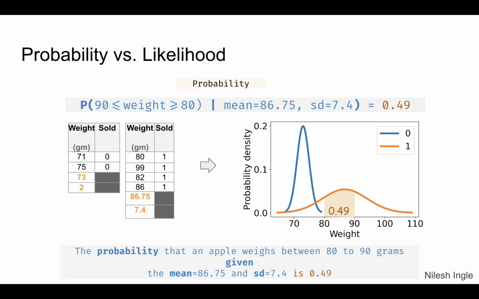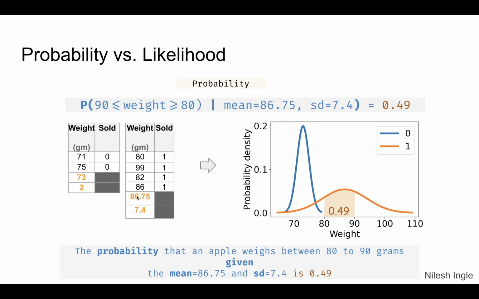Before we get into that, one point we need to be clear on is what is probability versus likelihood. Let's look at this example of just one feature, which is weight, for the class sold and the class not sold, where 0 is not sold, 1 is sold.